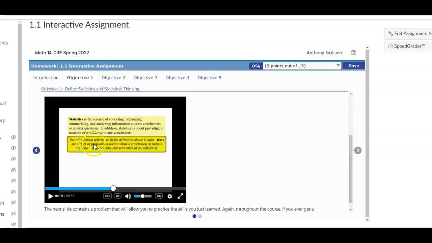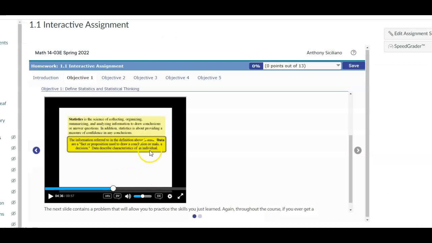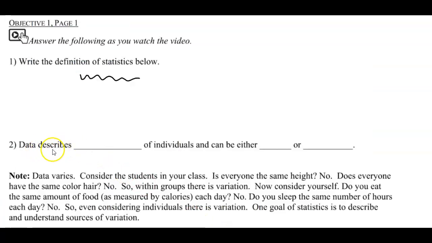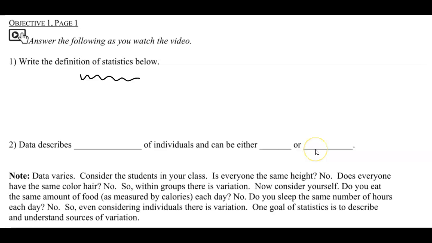Data are a fact or proposition used to draw a conclusion or make a decision, and data describe characteristics of an individual. So you would go back and fill in the information. Data describes what? A characteristic of an individual. So you would say data describes characteristics of individuals and can be either a fact or a proposition. Therefore, you fill in the information.